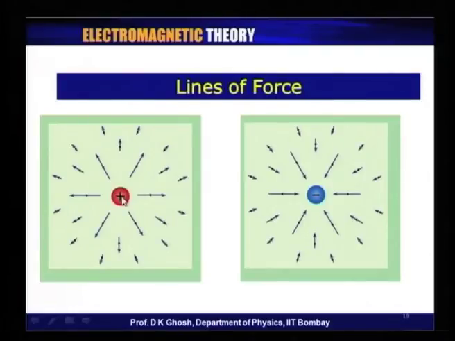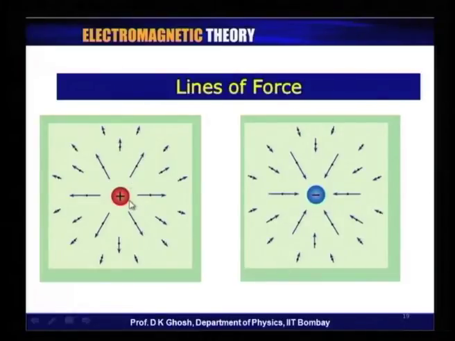Look at this picture. Now, the electric field due to a positive charge. Remember, my test charge is always taken as positive. So, a test charge will be repelled in this field, and the closer the test charge comes to the source charge, which is positive here, stronger will be the electric field.